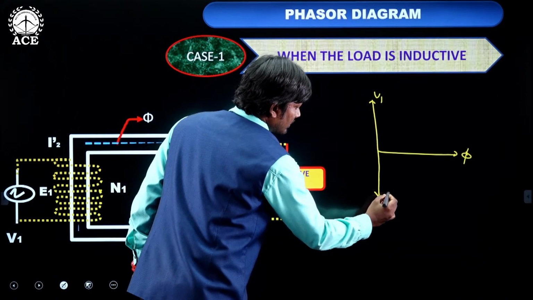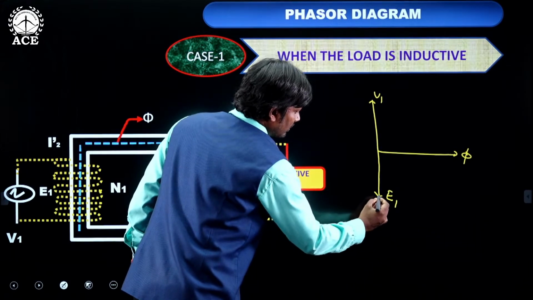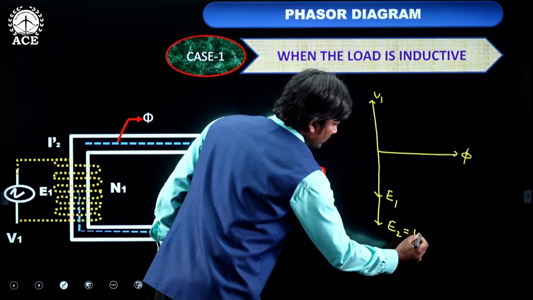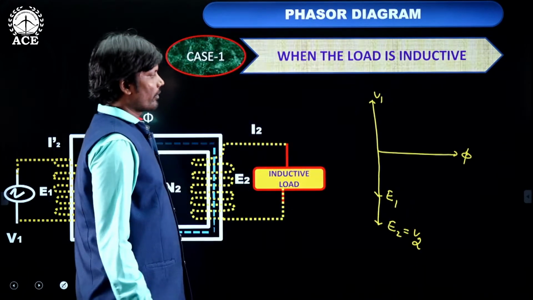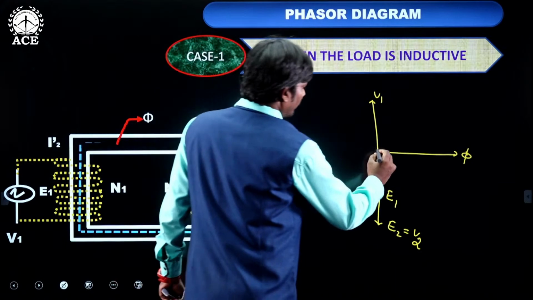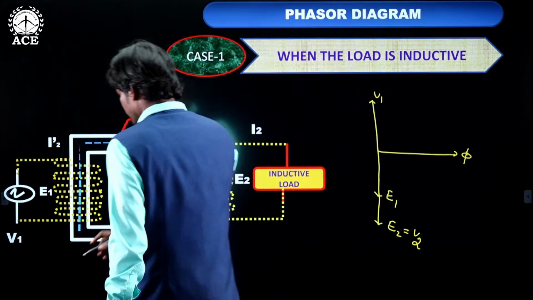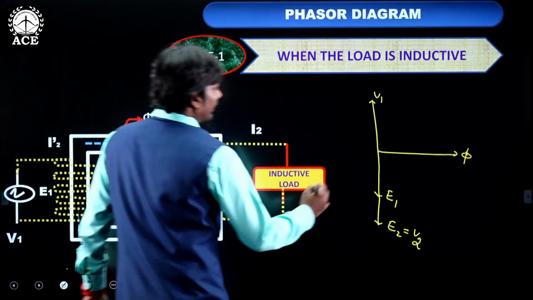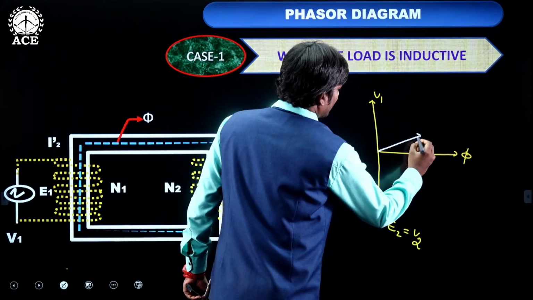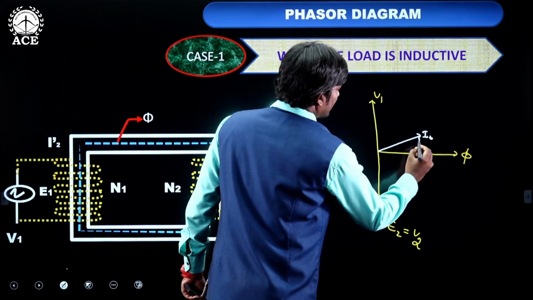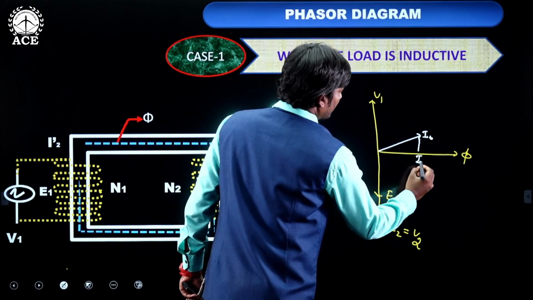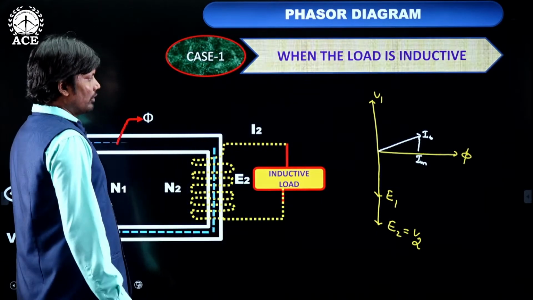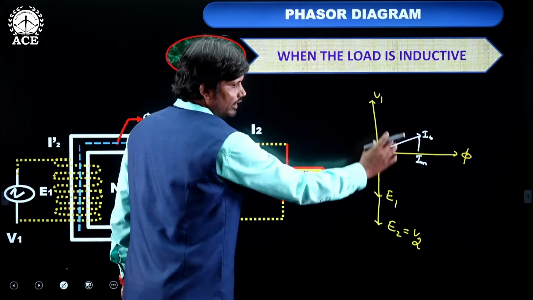This is E1, this is E2 or V2, and this is the no load current I naught, and this is IM. So up to this point, we already studied.